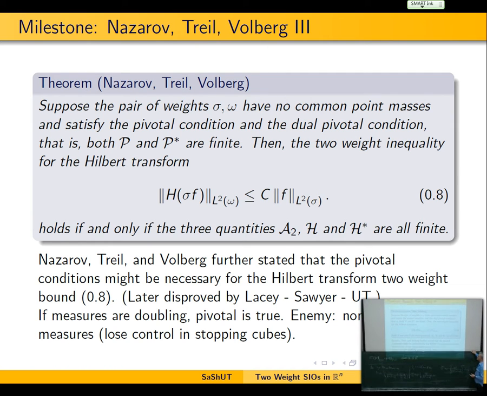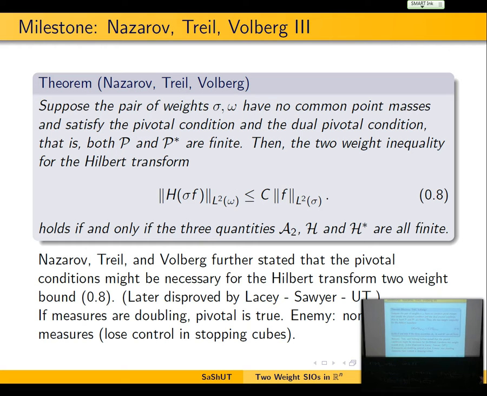Nazarov-Treil-Volberg further stated in their paper that the pivotal conditions might be necessary, but it was not known at the time. So Michael, Eric, and I proved that it's not necessary. I will explain a little bit in a picture one possible example for this.